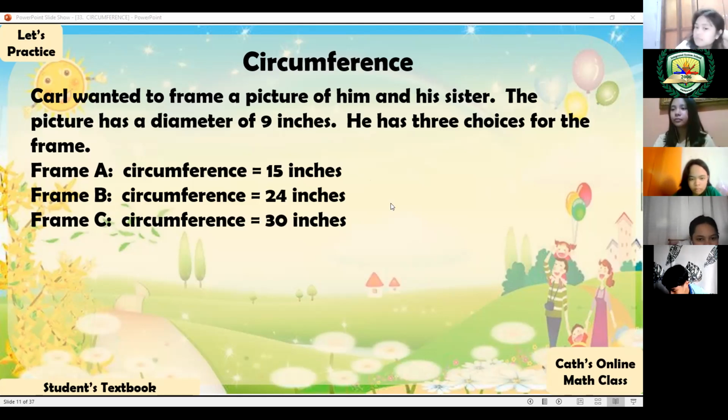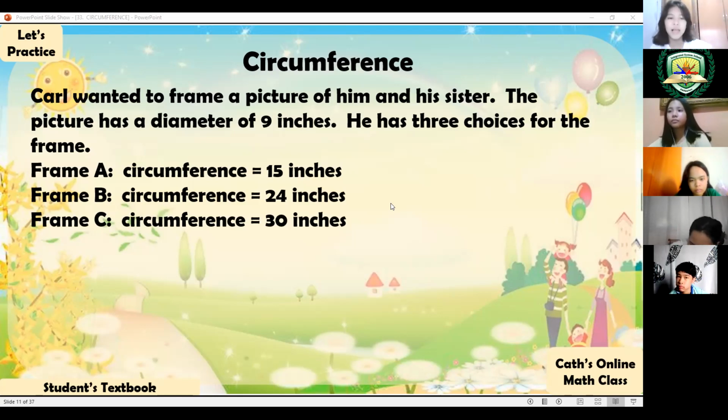What is given? The diameter. Okay, so the formula. Diameter, what is the formula? Diameter times 3.14. Yun lang yun? Oo, yun lang.